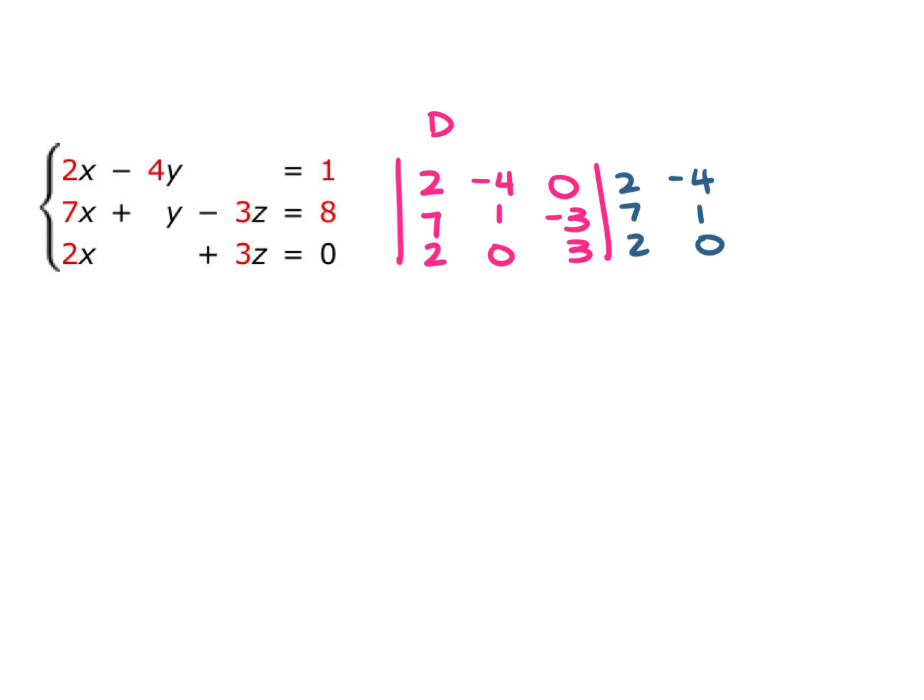So you're going to start with top to bottom. This is going to give you 2 times 1 times 3, which is 6. The negative 4 times negative 3 is 12, times 2 is 24. 0 times 7 times 0 is 0. Multiply now from bottom to top.